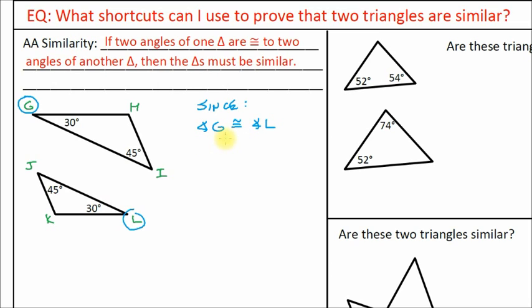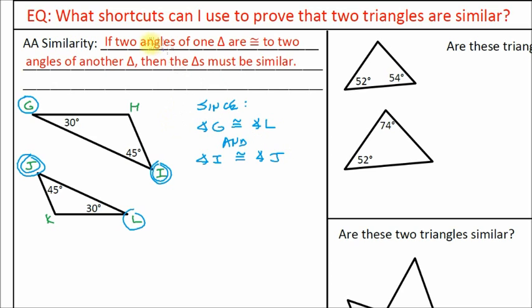And angle I is congruent to angle J. And let's double circle those. I is 45 and J is 45. Okay, so we've got two sets of angles that are congruent.